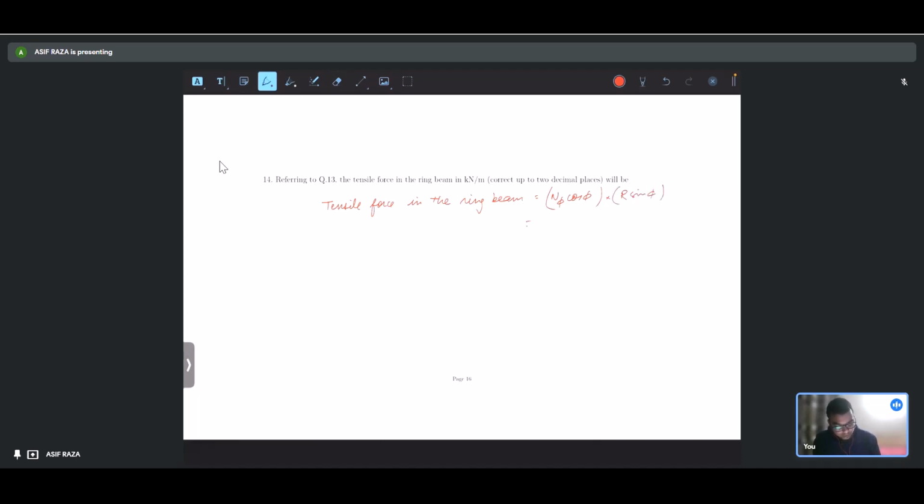So N phi is 19.44, cos phi is 0.8, and R sin phi is 6. So this is equal to 93.33 kilonewton.